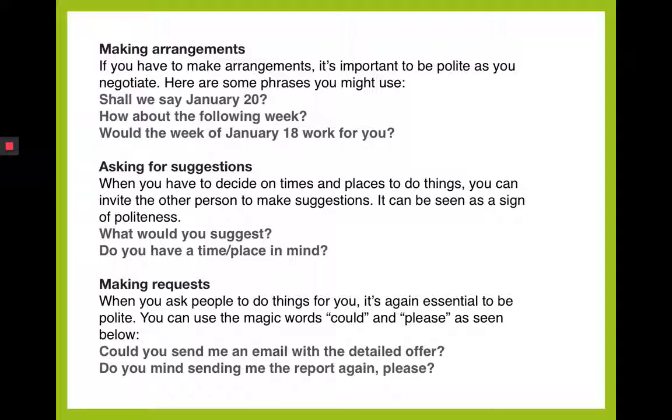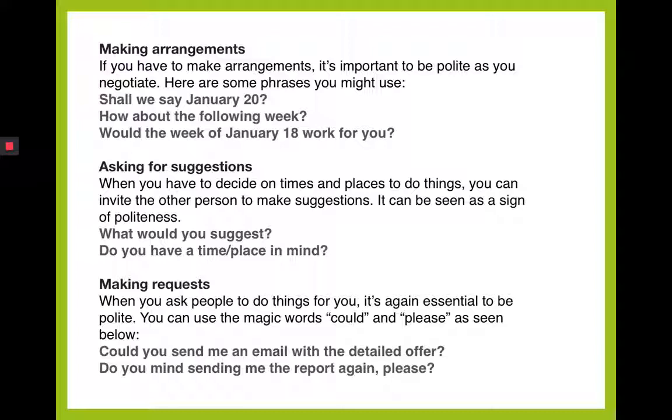So when you have to decide on times and places to do things, you can invite the other person to make suggestions. It can be seen as a sign of politeness. Okay. Making requests. When you ask people to do things for you, it's again essential to be polite. You can use the magic words could and please, as seen below. So, could you send me an email with the detailed offer?